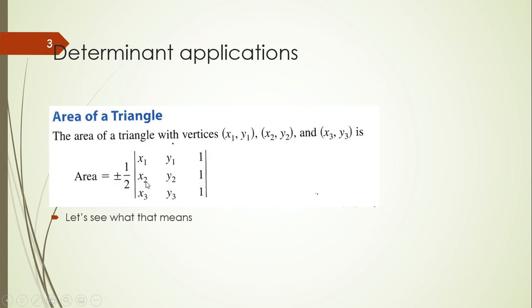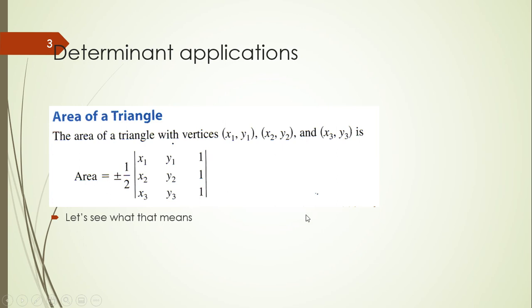So if this determinant turns out to be negative, we have to switch the sign. If it turns out to be positive, we leave it positive. But the area of the triangle is going to be 1/2 the determinant of the matrix formed by x1, y1, and then a 1 in column 3, and x2, y2, 1, x3, y3, 1.